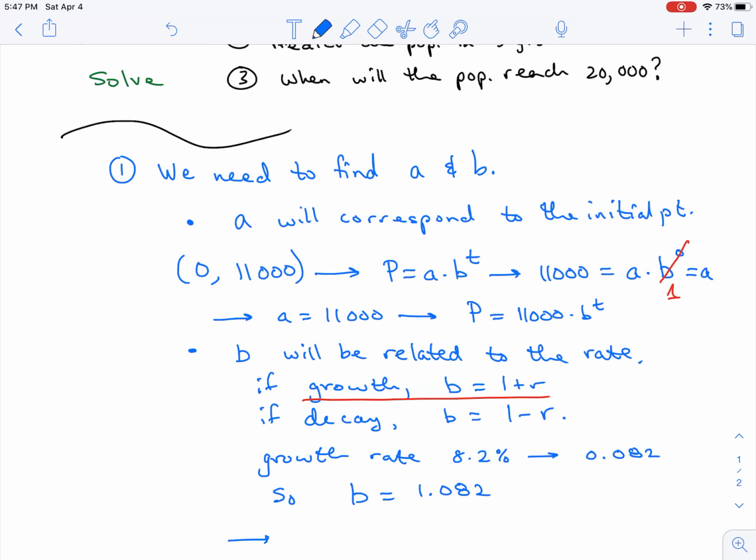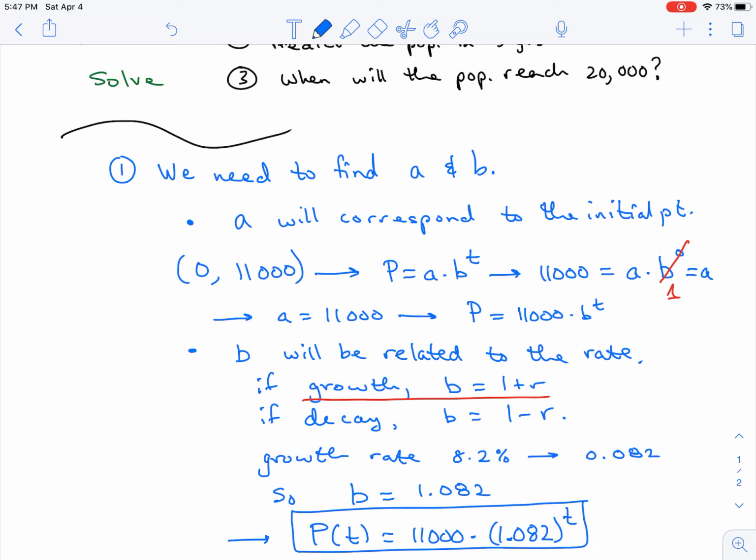And this gives us the model P of T is equal to 11,000 times 1.082 to the T. And now we're going to use this model to evaluate and solve.